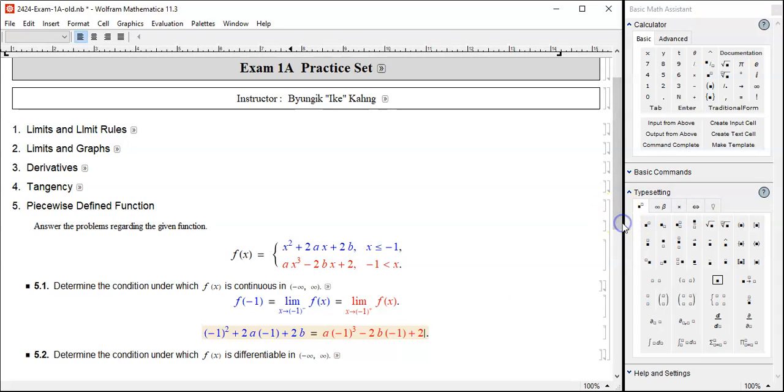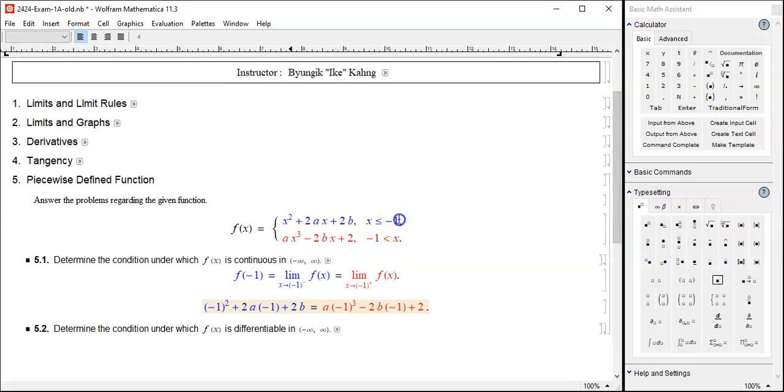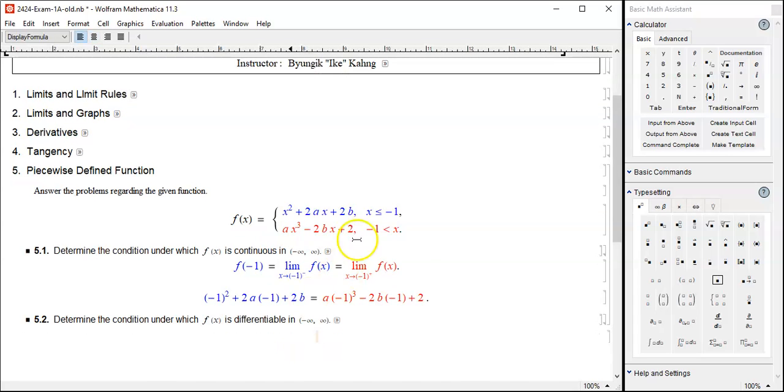Next, we have to consider the derivative. Slope here and slope there have to be the same. So how do you find the slope from here? Left-hand side slope. Take the derivative, and 2x plus 2a, that's coming from the left-hand side.